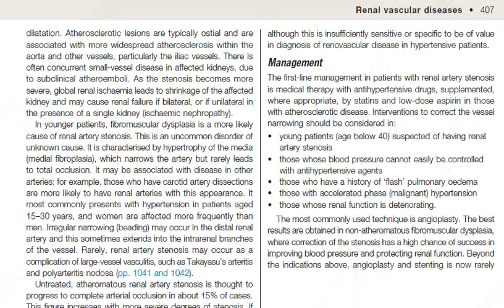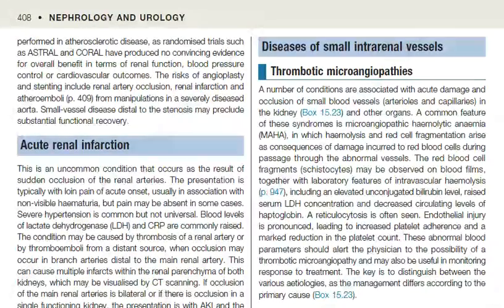Beyond the indications above, angioplasty and stenting is now rarely performed in atherosclerotic disease, as randomized trials such as ASTRAL and CORAL have produced no convincing evidence for overall benefit in terms of renal function, blood pressure control, or cardiovascular outcomes.